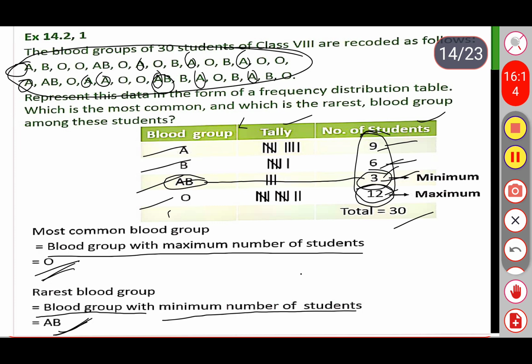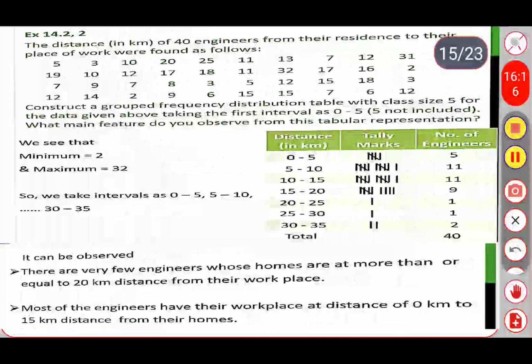Let's see the second question. The distance in kilometers of 40 engineers from their residence to their place of work were found as follows. Here the distances are mentioned, totally 40 engineers.